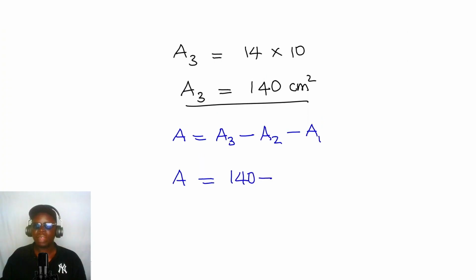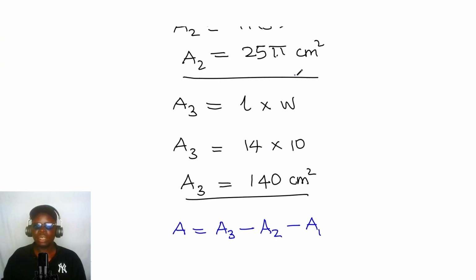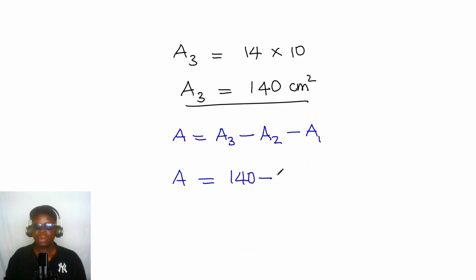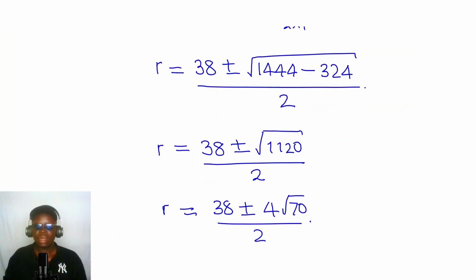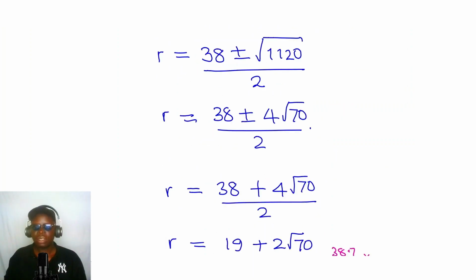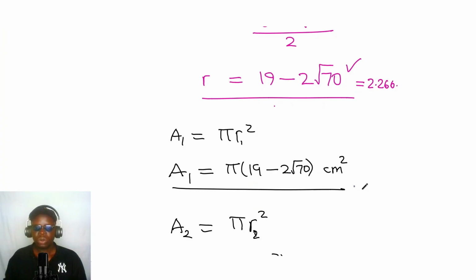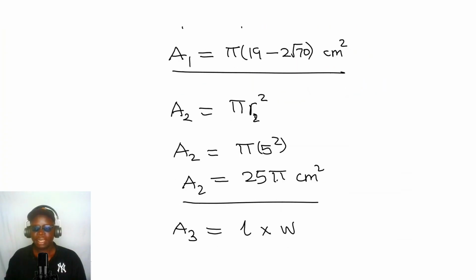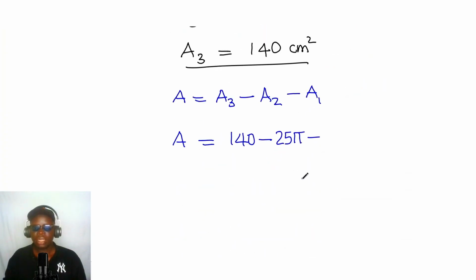Let's scroll up a little bit, and area 2 is 25 pi. We write here 25 pi and we subtract away area 1. And our area 1 is 19 minus 2 root 70 pi. So let's do that here, this is 19 minus 2 root 70 pi.